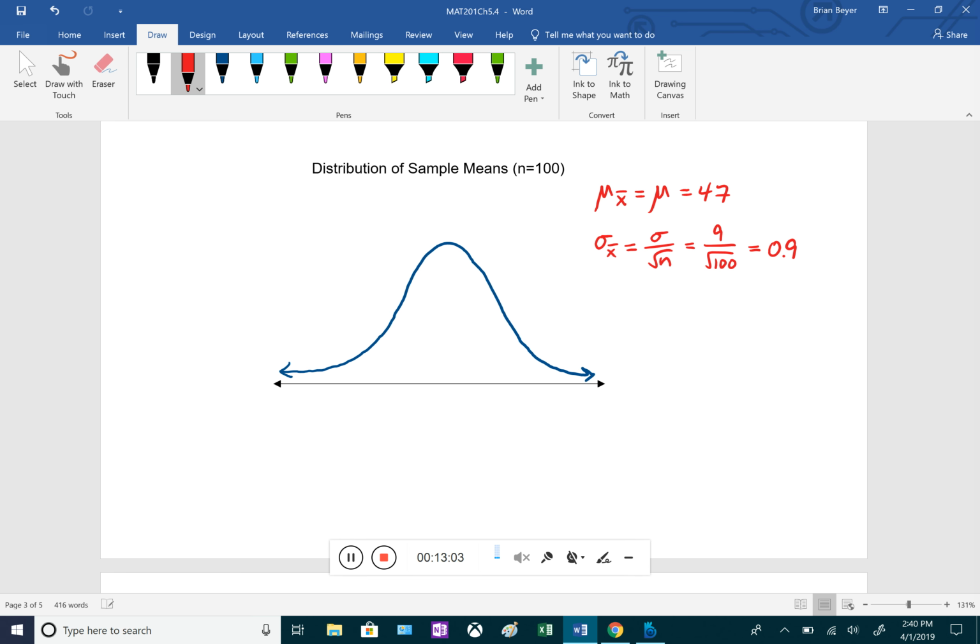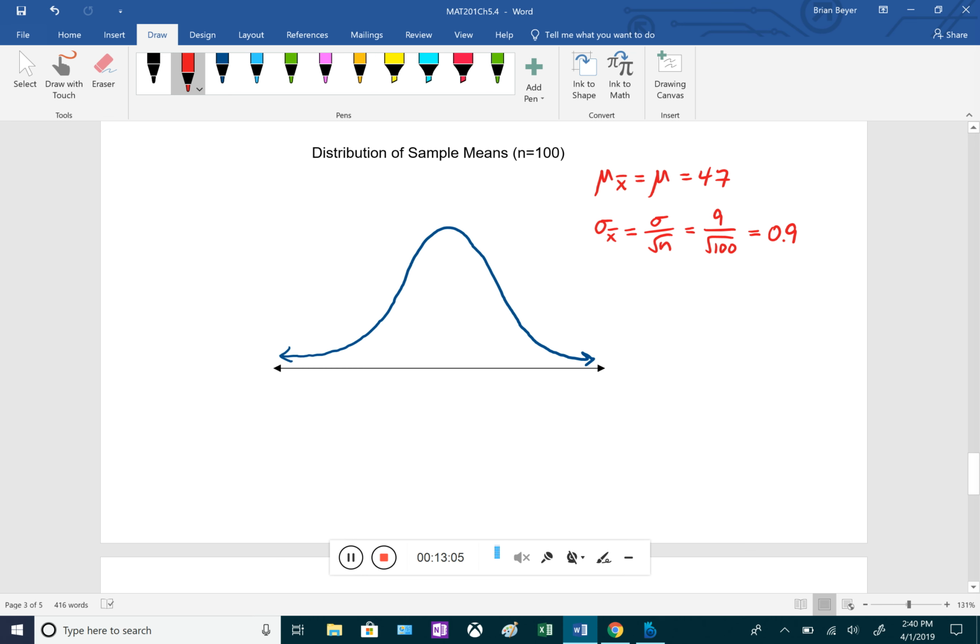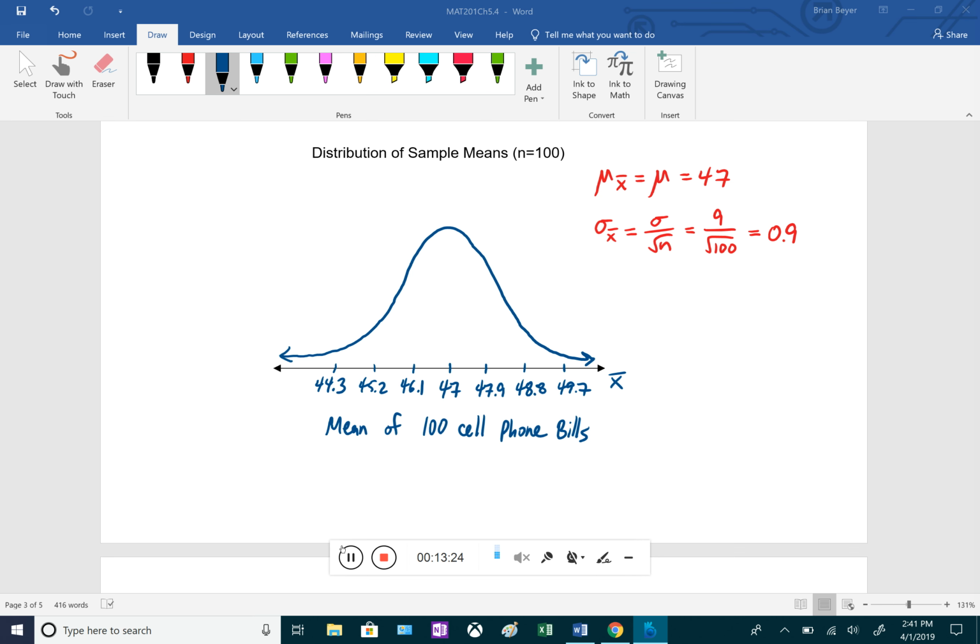So we can actually fill out that horizontal axis now. And it would look something like this. So notice that I labeled it as X bar instead of X because it's the mean of these 100 cell phone bills. And the mean of those mean cell phone bills was 47, which we have right here.